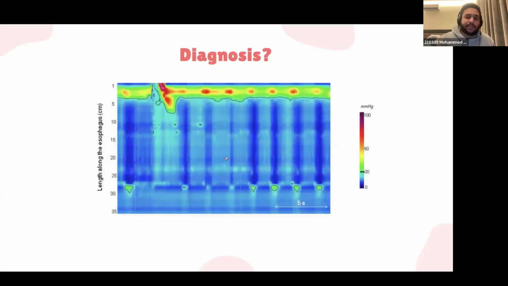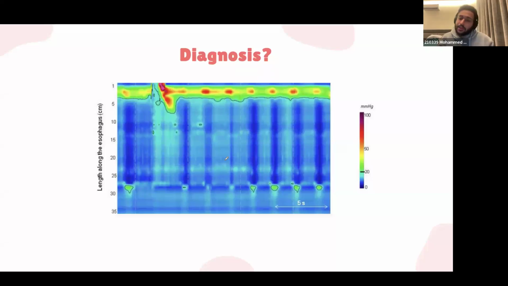Then we look at this patient. What do they have? Excellent, scleroderma. Do they have normal peristalsis? Yes or no? No. Do they have a normal constricted lower esophageal sphincter?